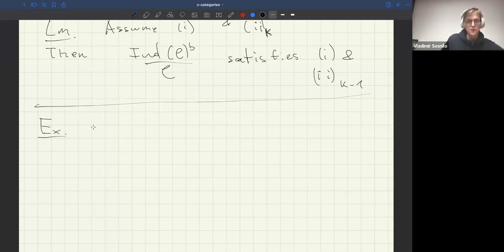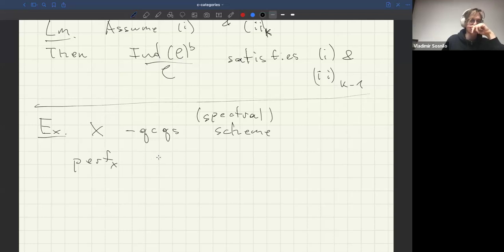So first, if you have any QCQS scheme, and even spectral scheme if you like, then we can consider the category of perfect complexes over X, and this is a C category.